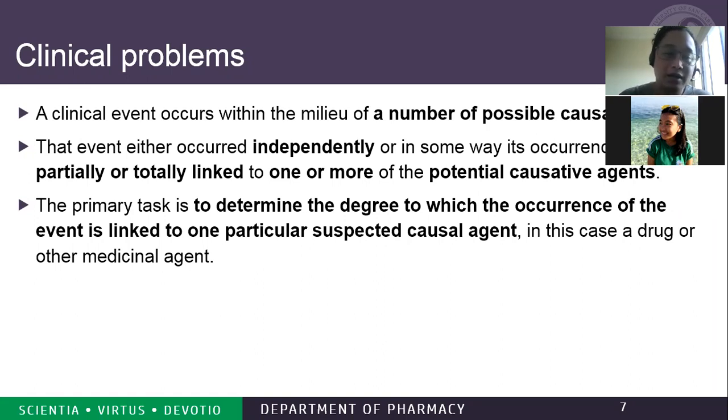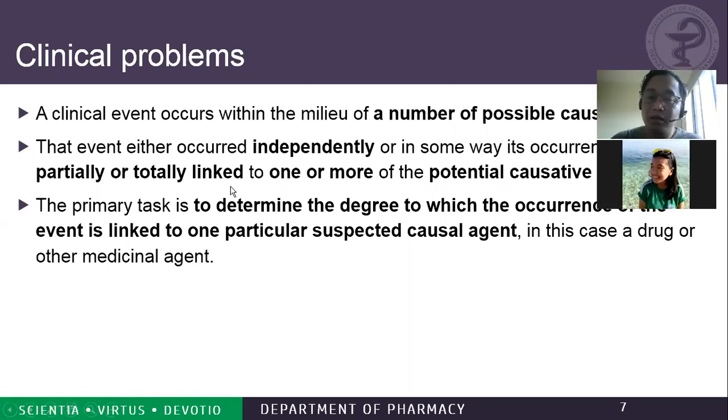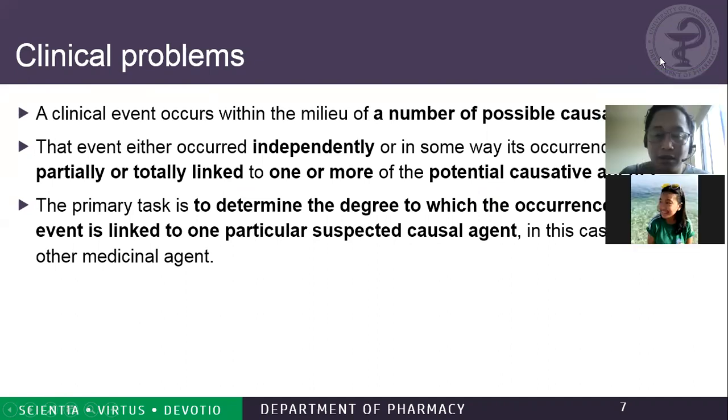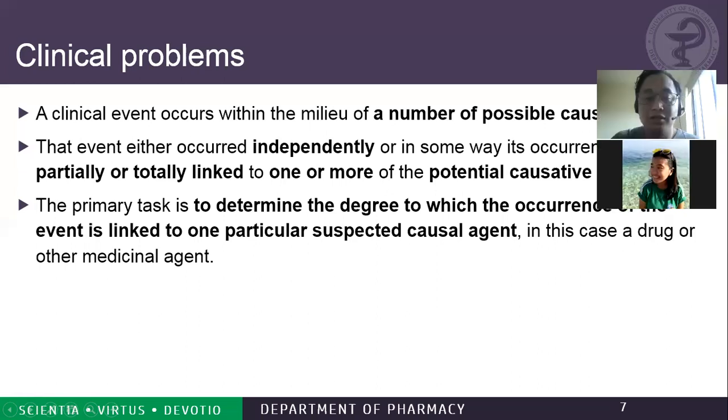The event either occurred independently, or in some way its occurrence is partially or totally linked to one or more potential causative agents. But it is really the task of pharmacoepidemiology to determine the degree to which the occurrence of the event is linked to one particular causal agent.